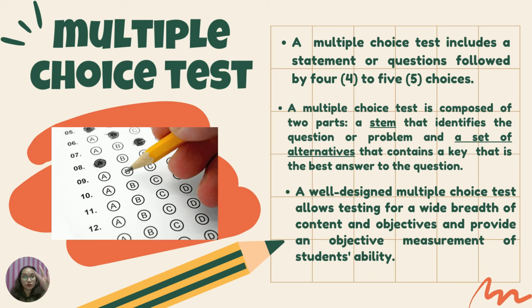I'll repeat: there are 2 parts of alternatives. One is the correct answer, and number 2 is the distractors, or the incorrect answers. Okay? The answer is the one that contains the best answer to the question.